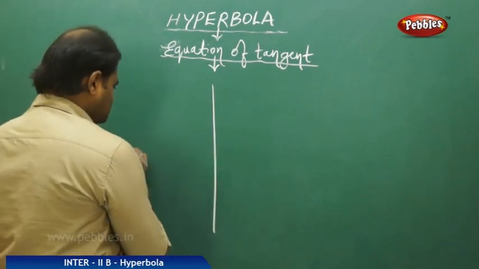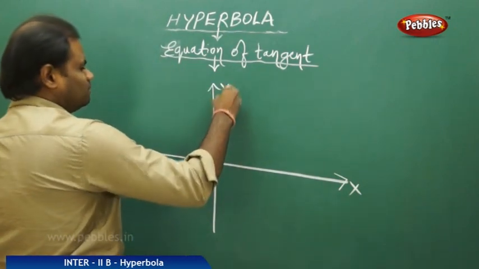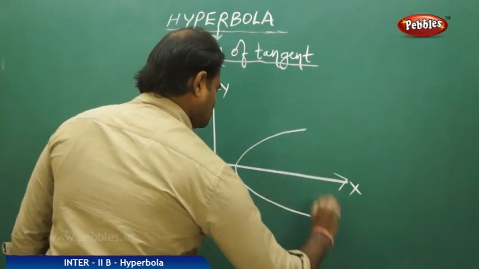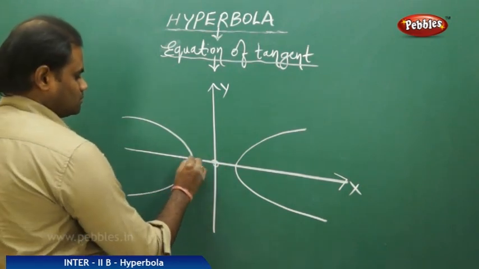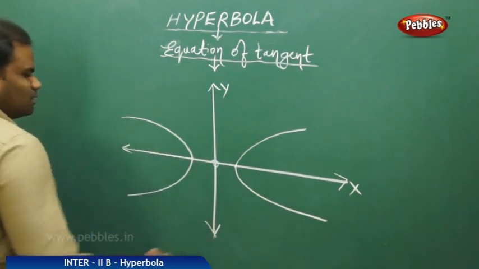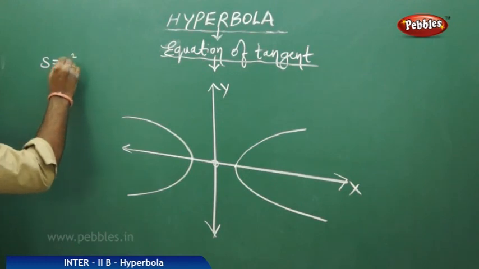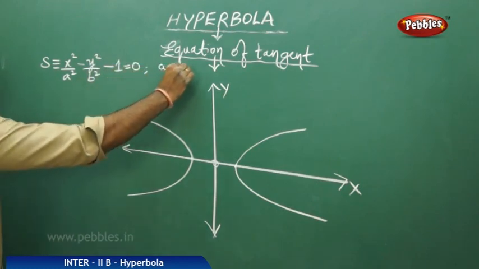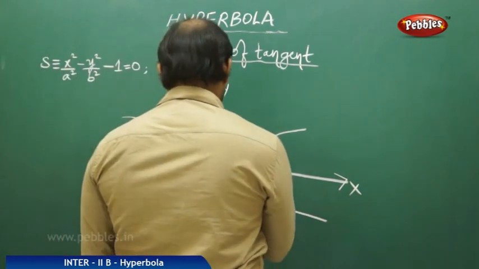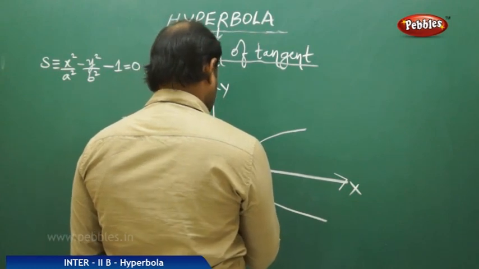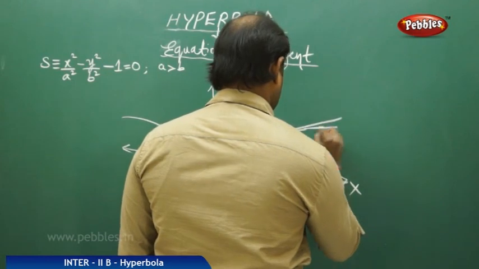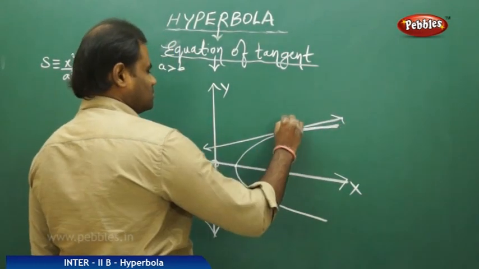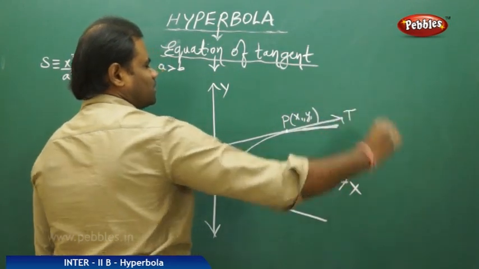That is, if I have a hyperbola in standard form, then for this hyperbola whose equation is given in standard form as x squared by a squared minus y squared by b squared minus 1 equal to 0 for a greater than b, let me take a tangent T at P(x1, y1).